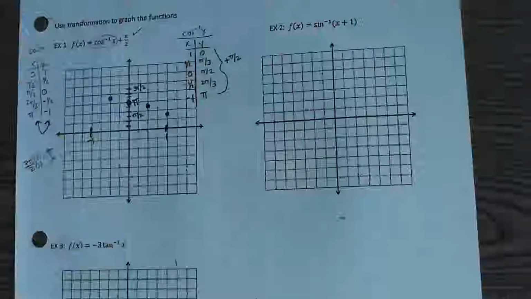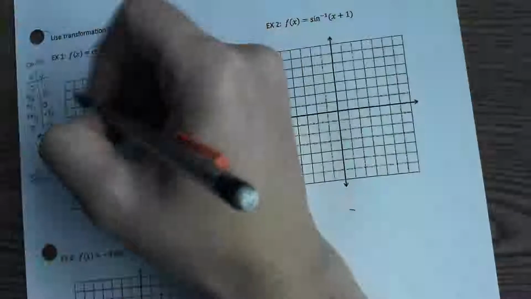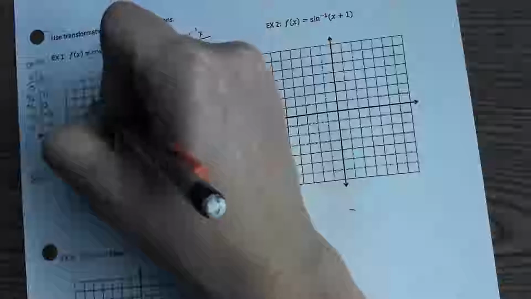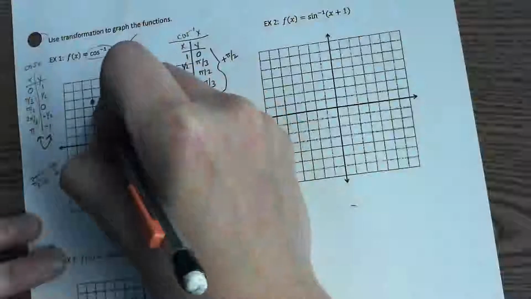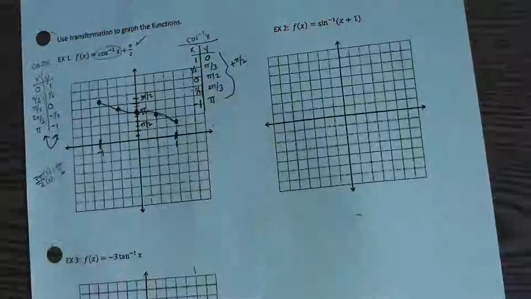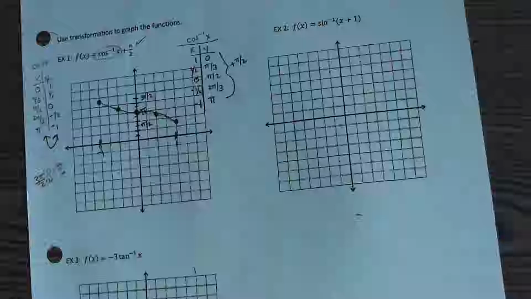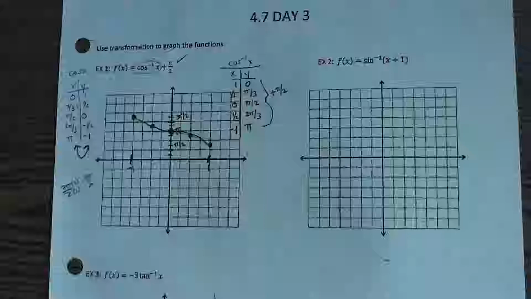And pi plus pi over 2 is 3 pi over 2, so negative 1, 3 pi over 2. Good?